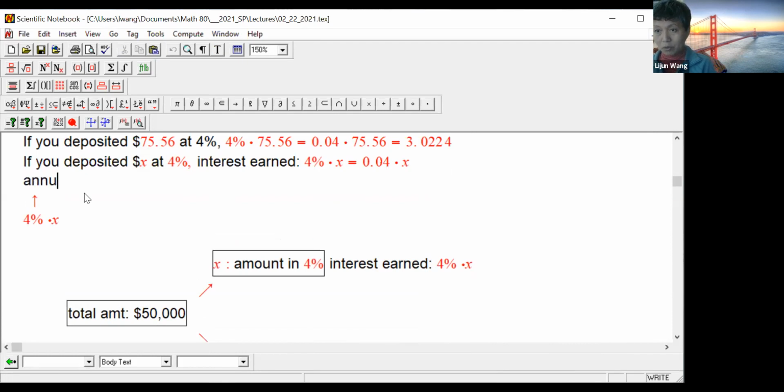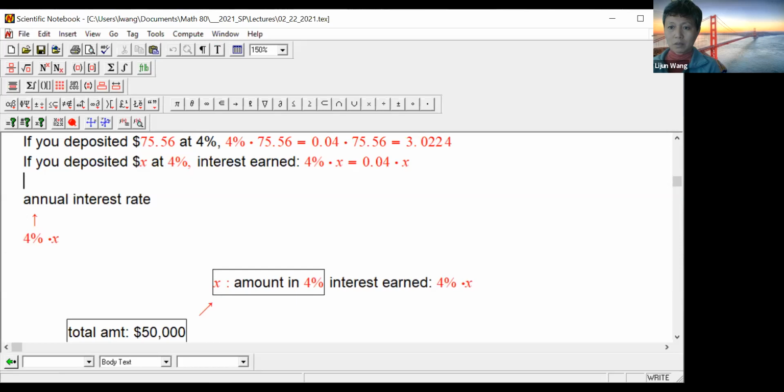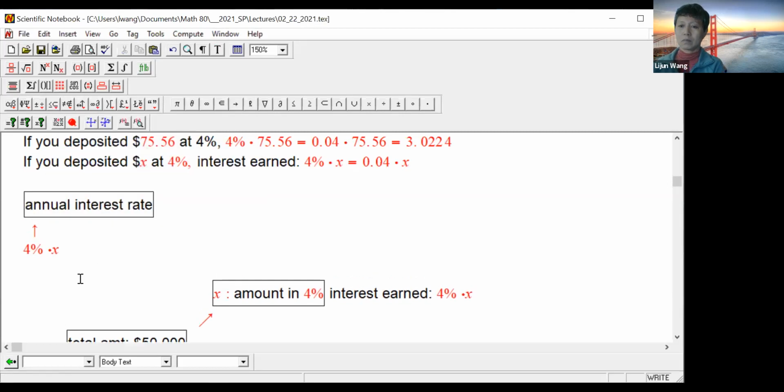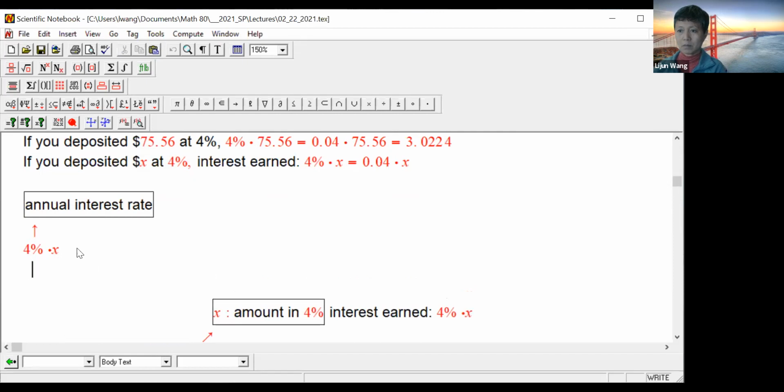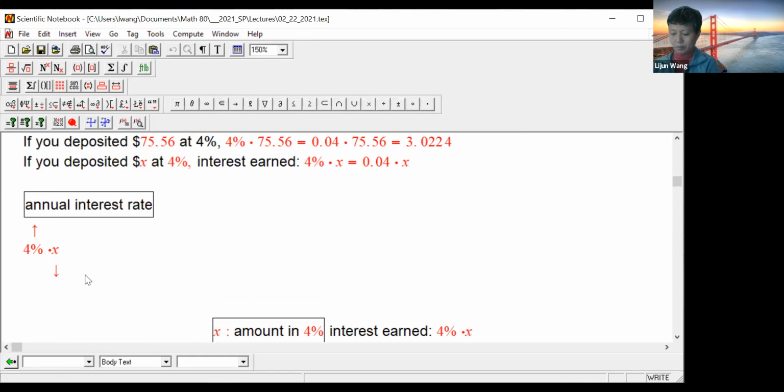That's the annual interest rate. Can you write it down for me? The 4% is the annual interest rate. The X is called the principal.